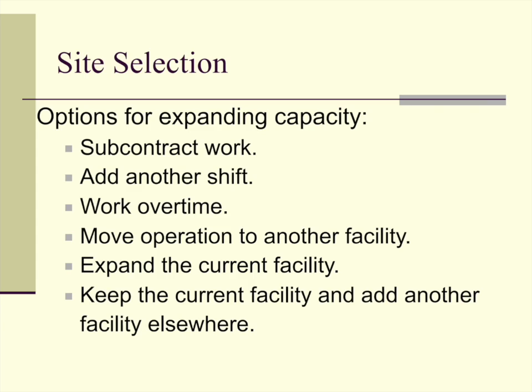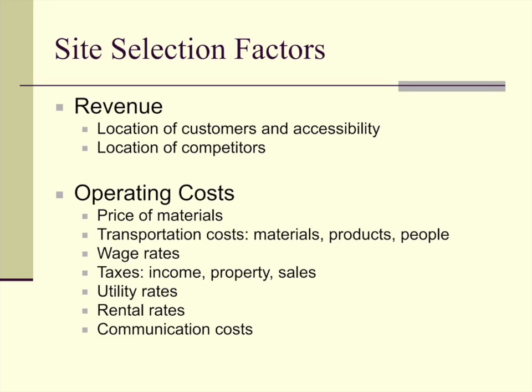We have options for expanding capacity: subcontract work, add another shift, work overtime, move operation to another facility, expand the current facility, keep the current facility, and add another facility as well. That is expanding capacity. We're talking about the site selection. What are the factors to consider for site selection?